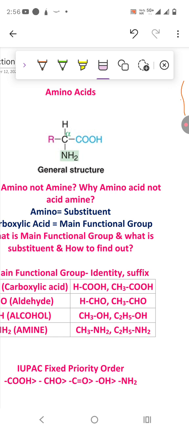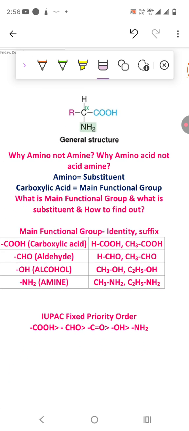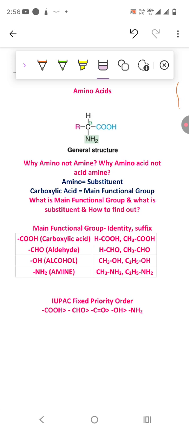For example, your name contains a title part, and that title says who you are, which family you belong to, and what is your caste, etc. Similarly, the main functional group acts as the identity of the entire molecule.